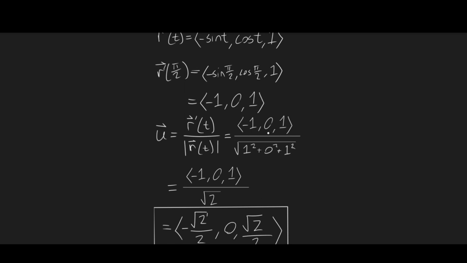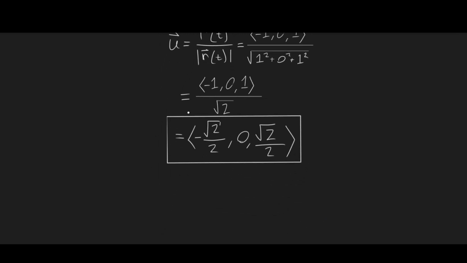And that gives us this vector. And this is the unit tangent vector when t equals pi over 2. So this vector has a magnitude of 1 and points tangent to the curve.